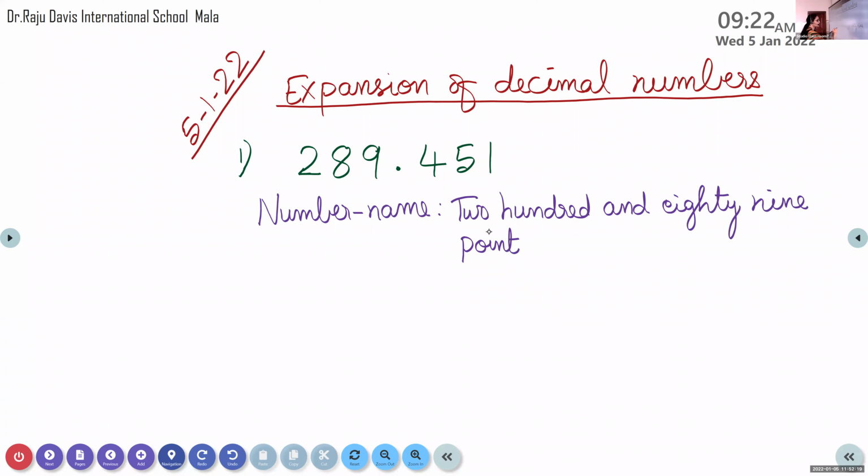After the point, each number is to be read separately. 289.451. After the point, each number has to be read separately. Okay?